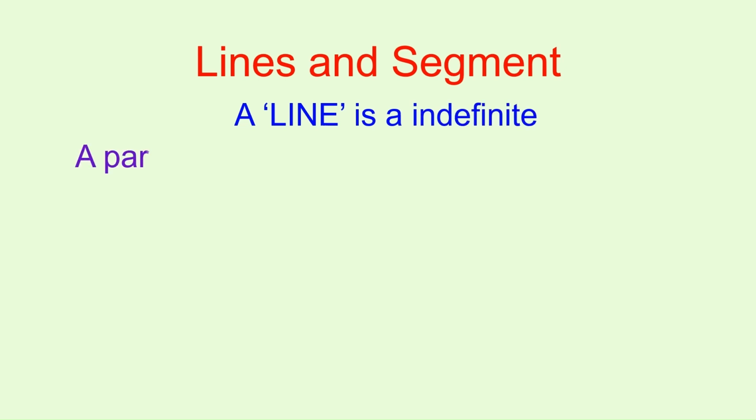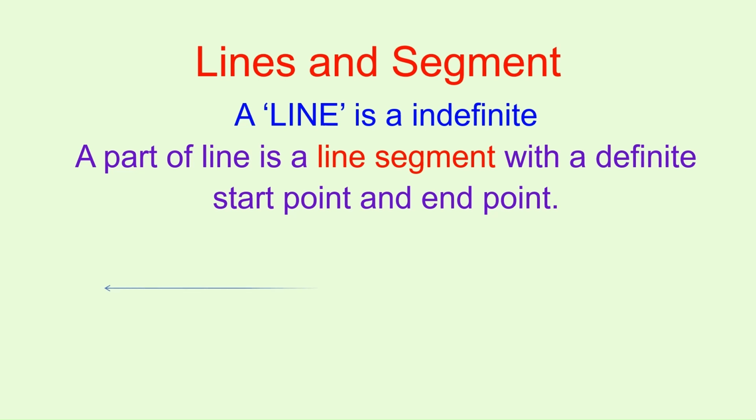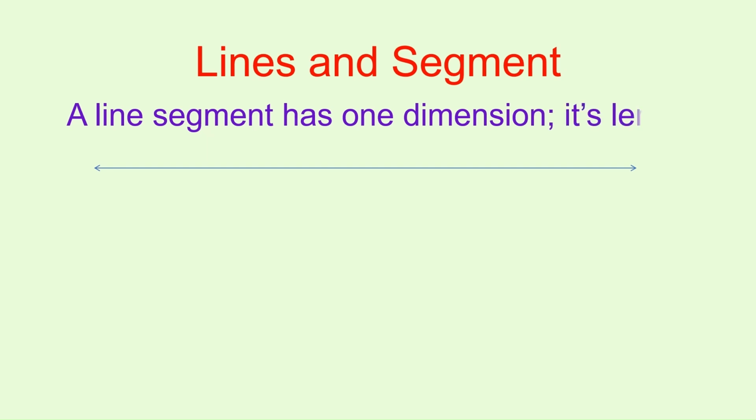Lines and segment. A line is indefinite. A part of a line is a line segment with a definite start point and definite end point. From point A to B is a line segment, as shown above. A line segment has one dimension, that is its length.